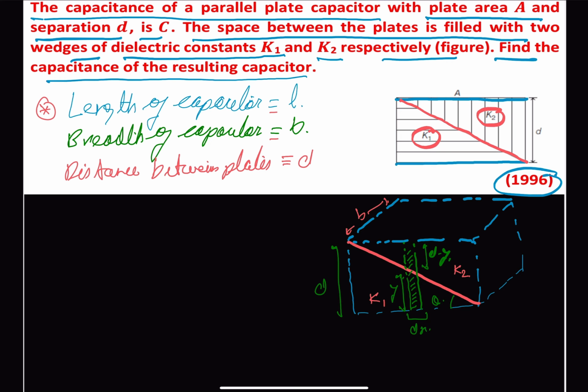This small portion dx which we have considered is divided into two parts. One part is associated with dielectric constant K1 for y and dielectric constant K2 with respect to d minus y. And suppose this angle is theta and we call this x.